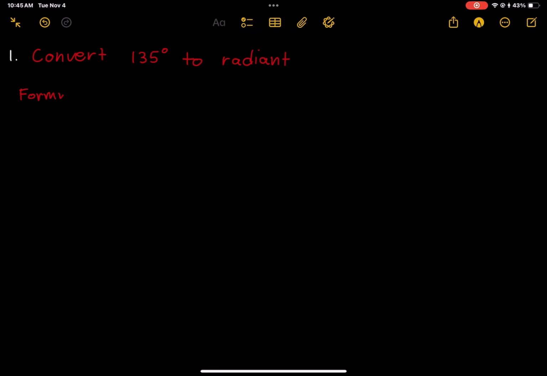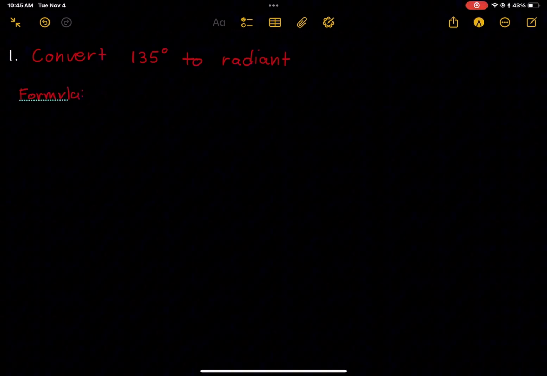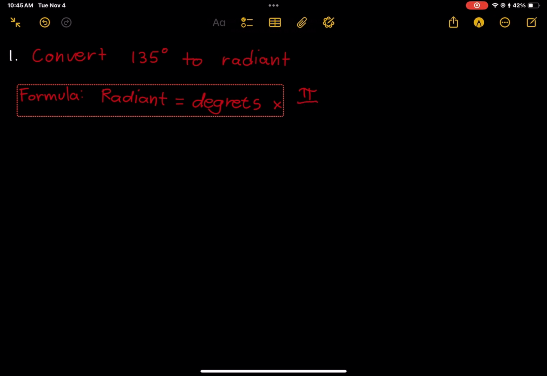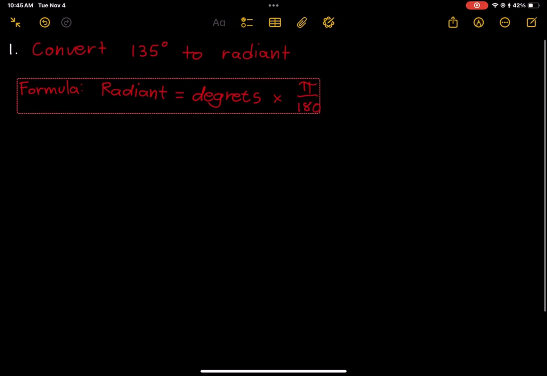Our formula is radian is equal to degrees times pi over 180 degrees.